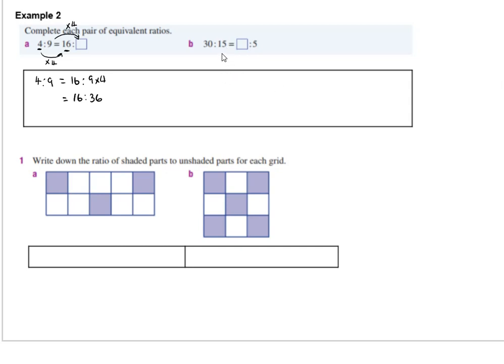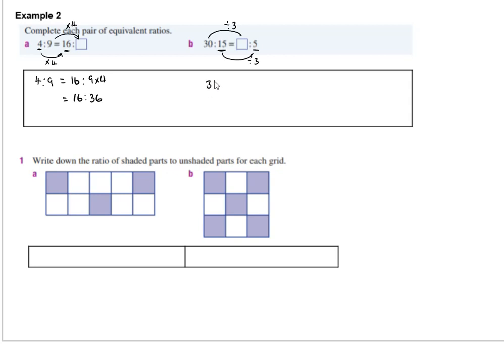In B, we're comparing 15 and 5. So, well, how do I change 15 to 5? Well, I'm going to be able to divide that by 3. So to change the 30 into whatever should be in this box, I'm going to do the same. I'm going to take the 30 and divide by 3, because you do the same thing to both ratios.